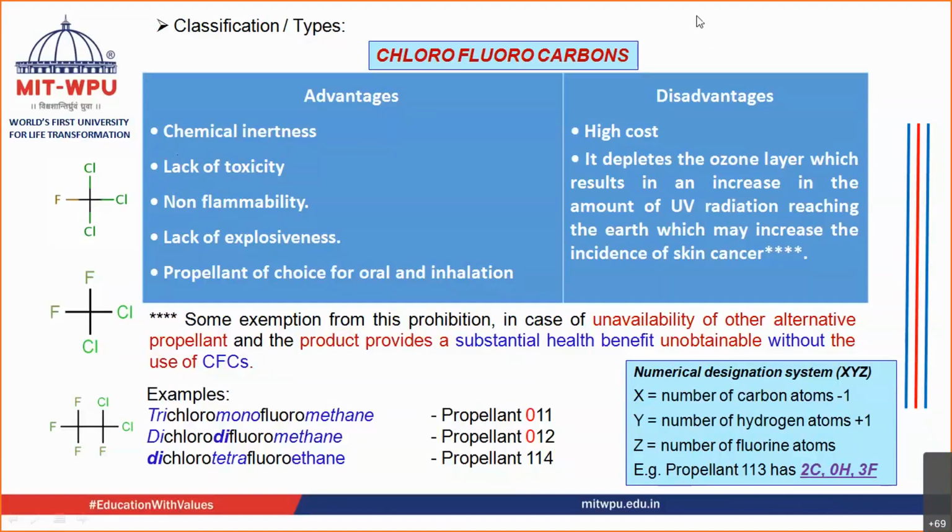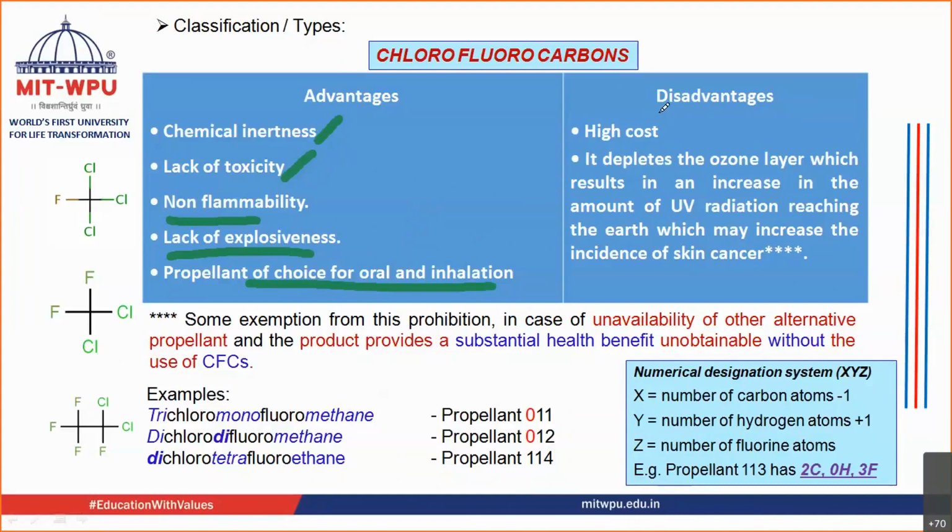Third major advantage, they are non-flammable, and as they are non-flammable, they lack explosiveness. They are a propellant of choice for oral inhalation. Because they are non-toxic and inert in nature, that's why they are a choice for oral as well as inhalation aerosols.